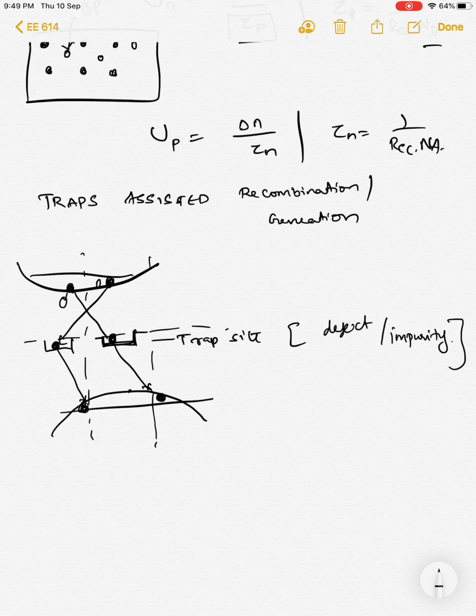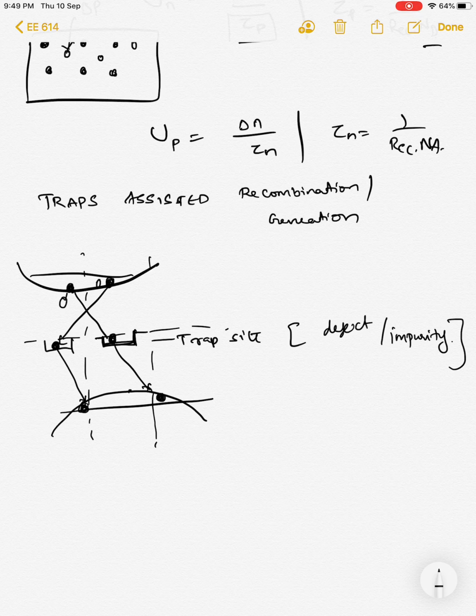Either way, the trap site gets involved in electron hole annihilation, getting back to its original state.